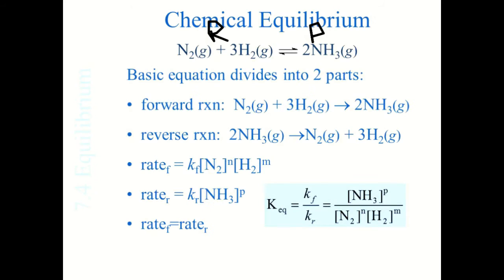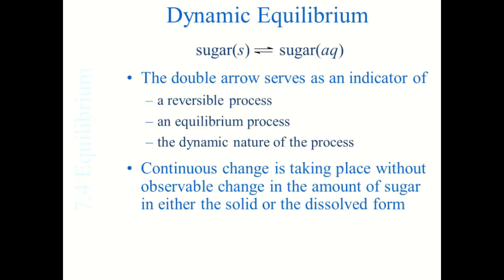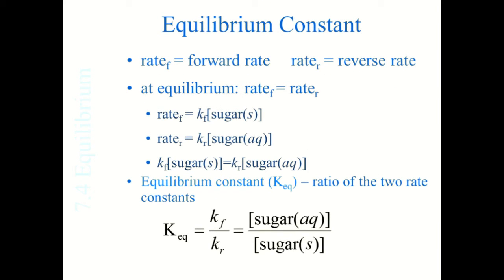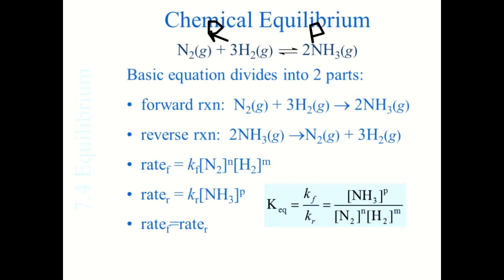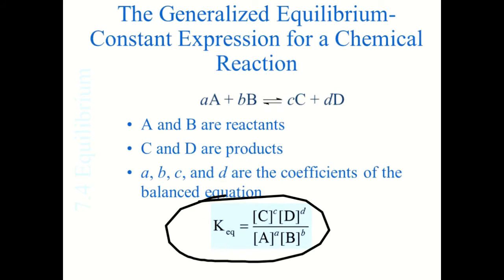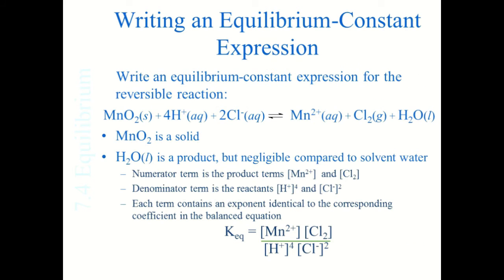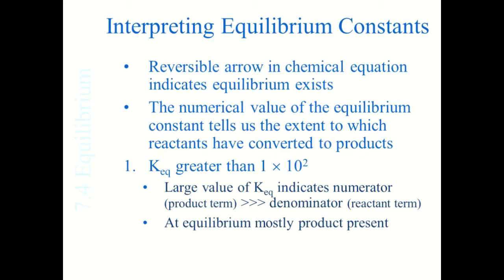Okay. Now there's one thing that I missed back here that I want to make sure we cover. And that's having to do with the equilibrium constant itself. So if your equilibrium constant is greater than 100, what does that mean?